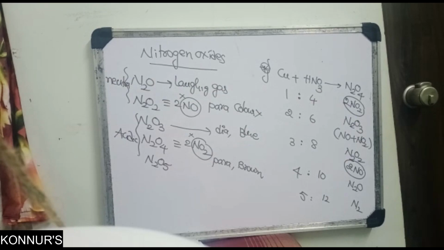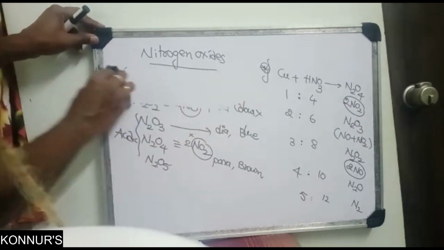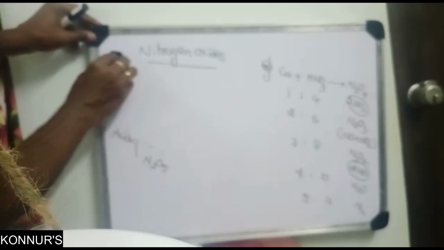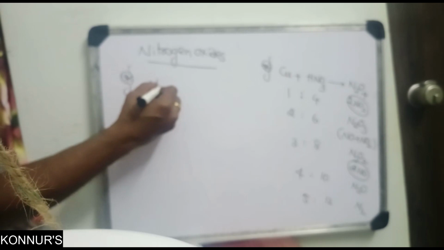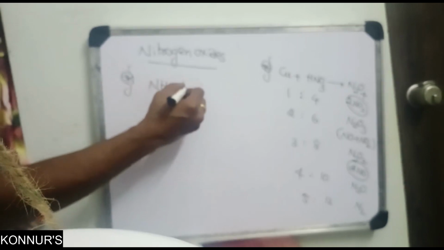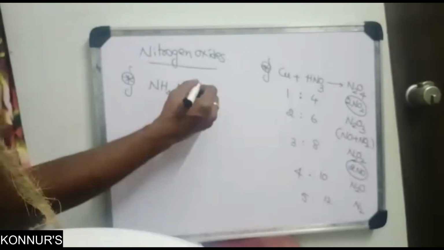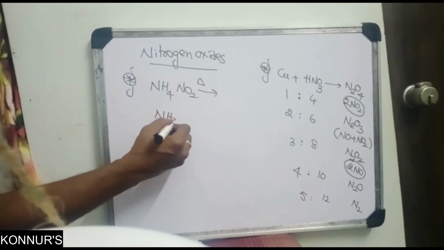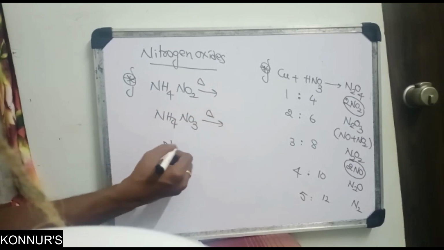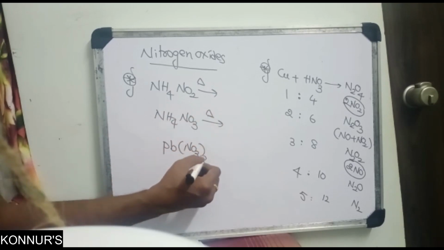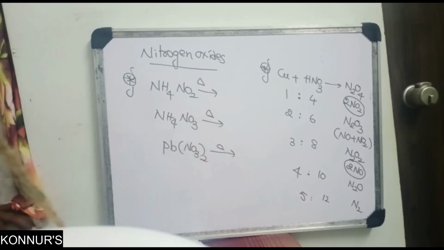Next, other than this, we can see some speciality of different compounds. If you heat ammonium nitrite, NH4NO2, and if you heat ammonium nitrate, NH4NO3, and also lead nitrate: wherever the confusion is there, that is our entrance.